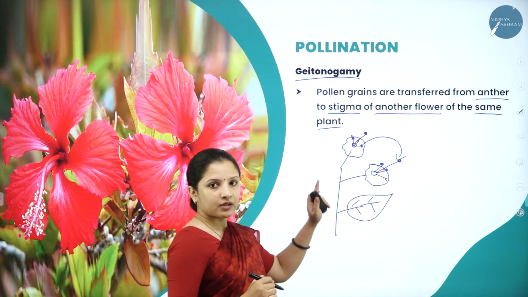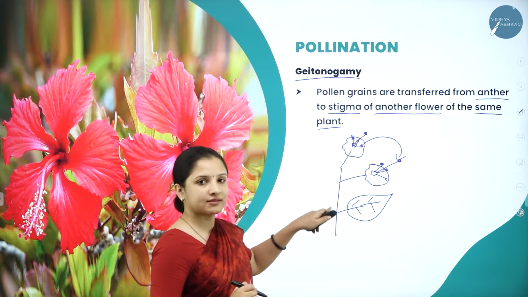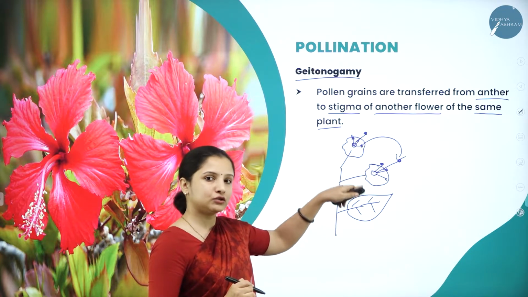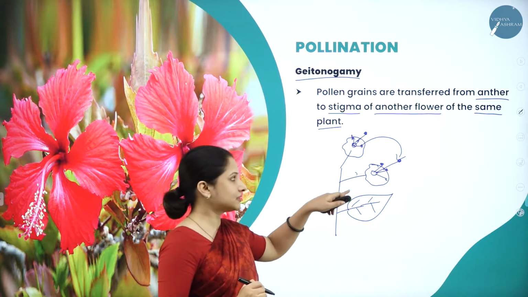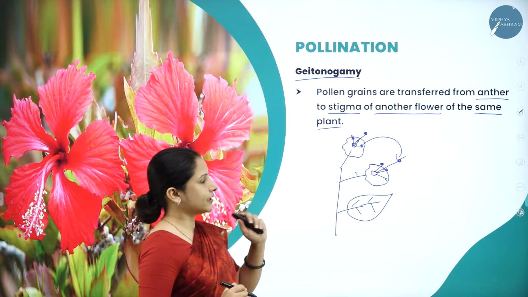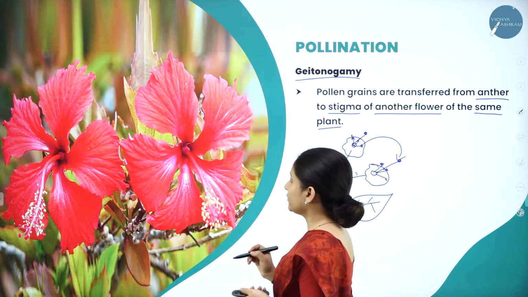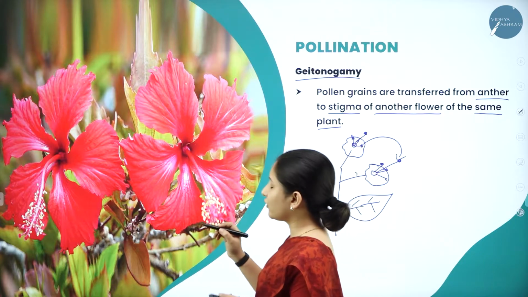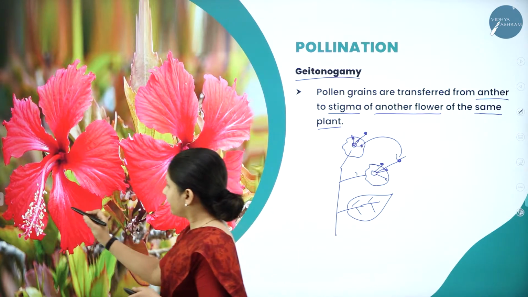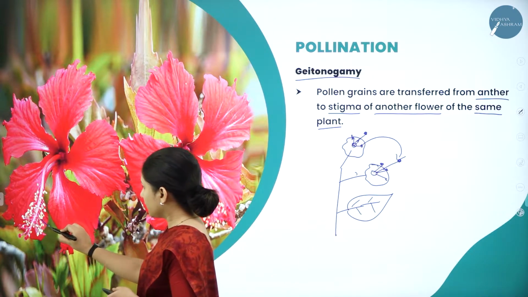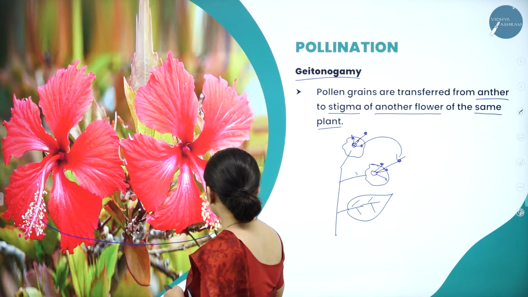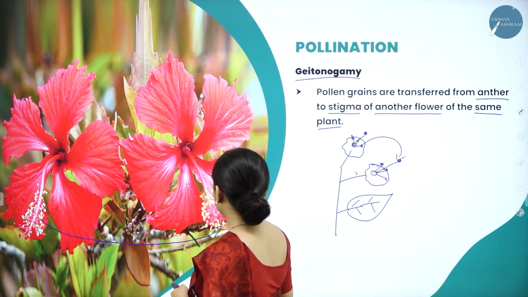But remember, the flower will be of the same plant. Though it is two flowers, it is of the same plant. So this is called Geitonogamy. Geitonogamy is the transfer of the pollen grains from the anther to the stigma of another flower.